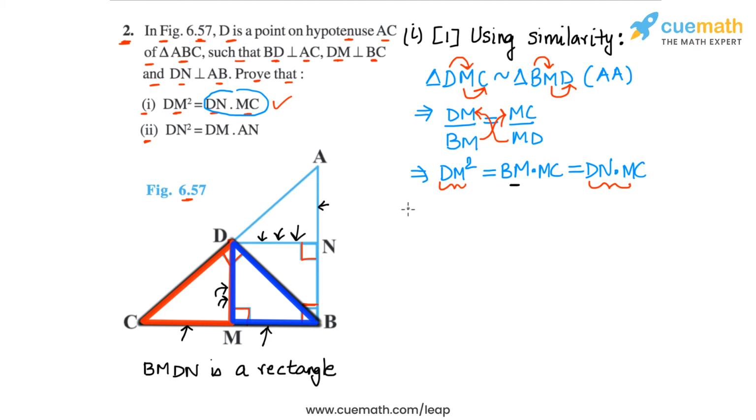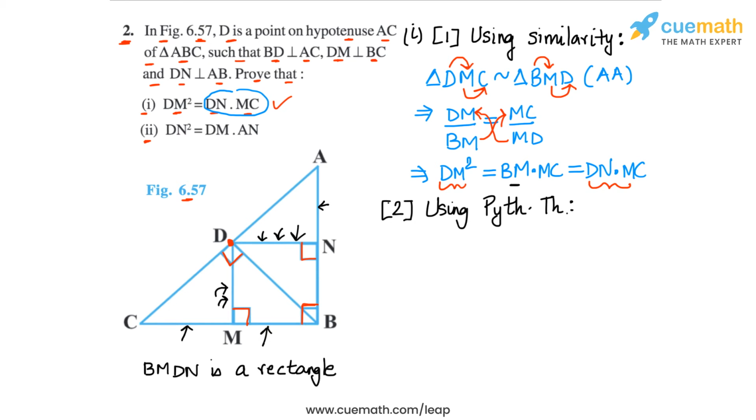Now the second approach that we are going to take is using the Pythagoras theorem. Let's see how to apply the Pythagoras theorem to arrive at the same result. We want to show that DM square is equal to DN into MC.